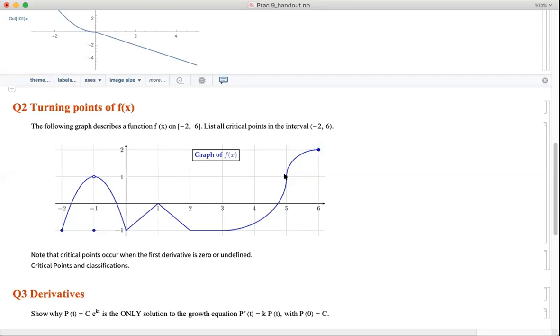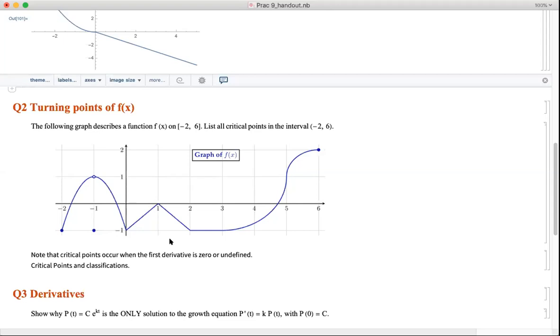Okay, 5 is a critical point. Why? It does not exist. That's good.